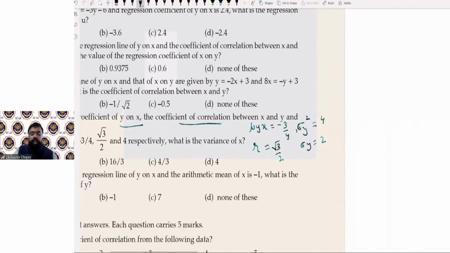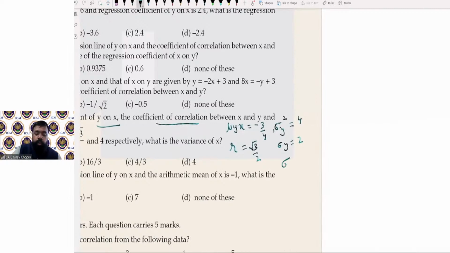Then find the variance of x. So you have to calculate sigma x square. So you can use the formula for b by x. क्योंकि b by x हमें given है, तो b by x का formula use कर सकते हैं, r into sigma y divided by sigma x.